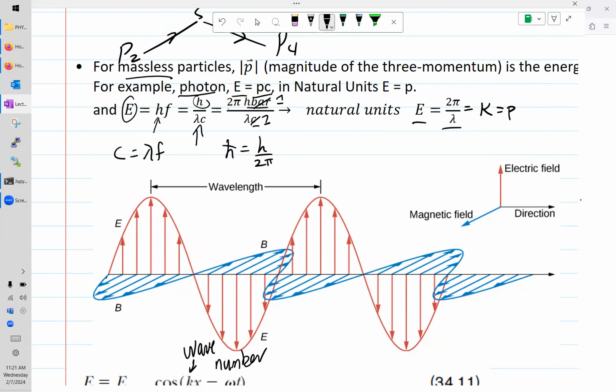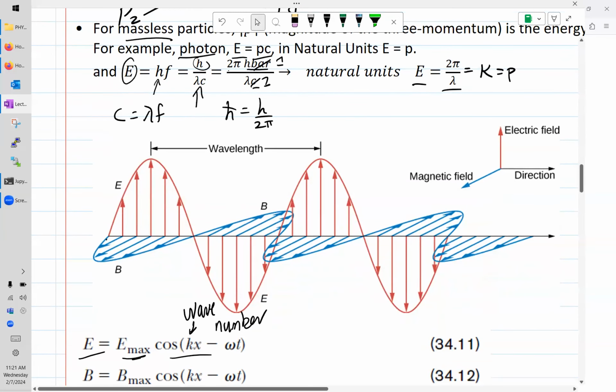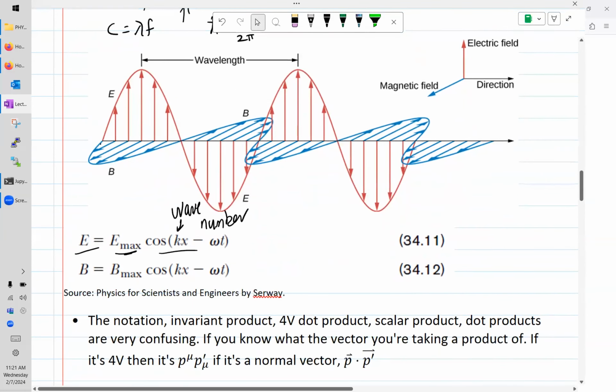The main thing is that the higher the energy of the photon, the shorter the wavelength, and since the wave number is inversely proportional to the wavelength, energy and wave numbers are proportional to each other, and that constant of proportionality happens to be h bar over c. If you set those to 1, you don't have to deal with them at all.